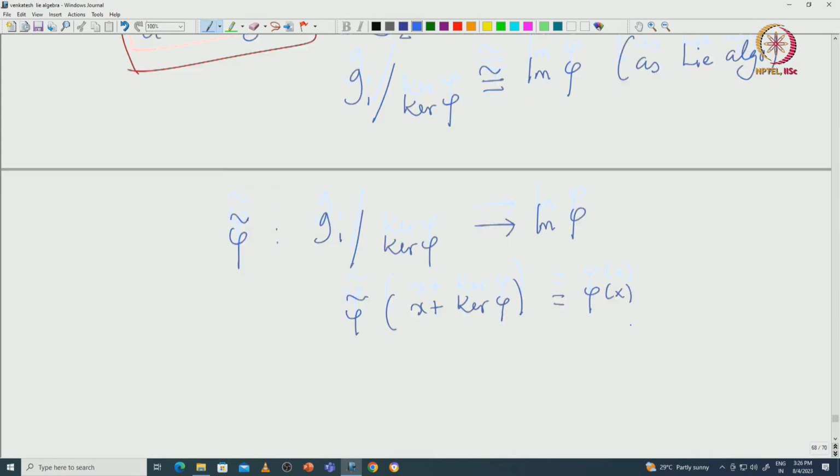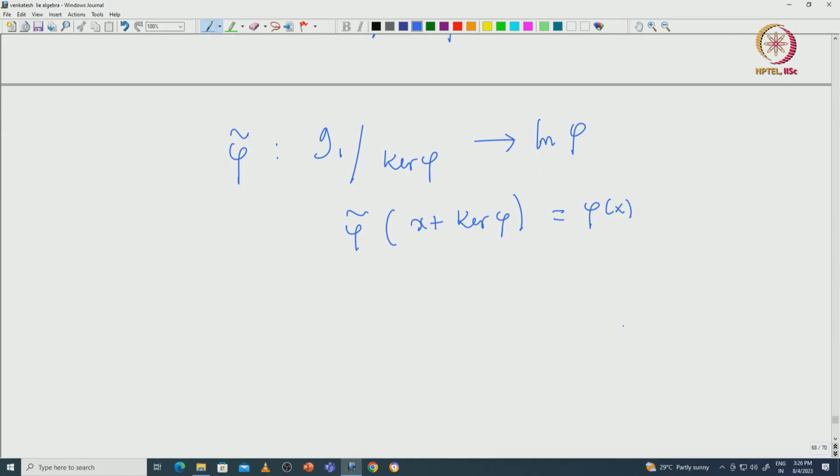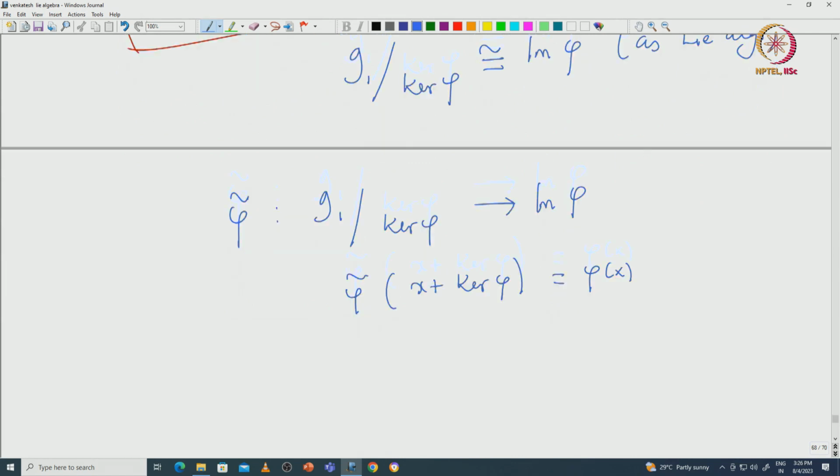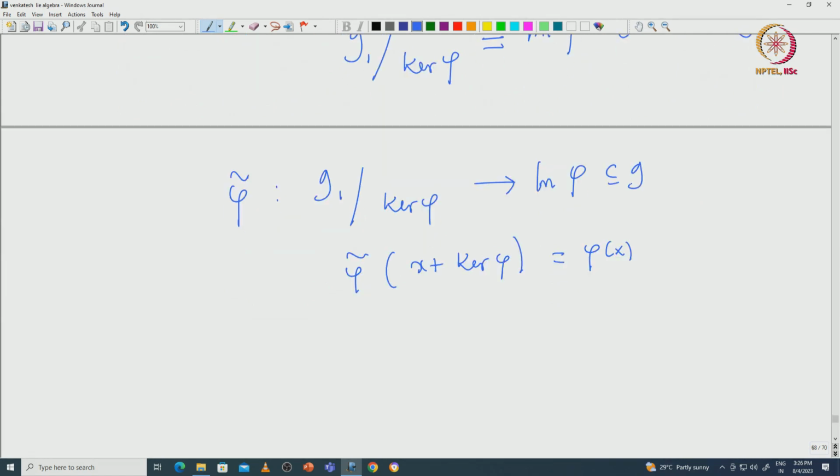That is the natural induced map from G1 modulo the kernel phi to image phi, which is sitting inside G2. So, this map is well defined. That you must have seen in first course linear algebra, or it is not that hard to verify this map is well defined. So, let us verify.